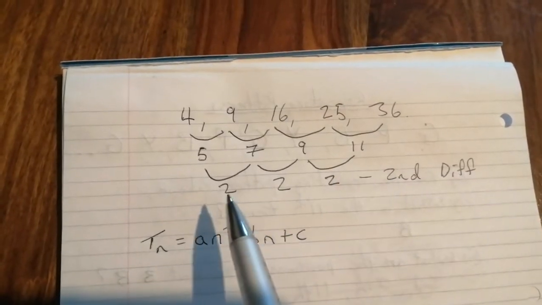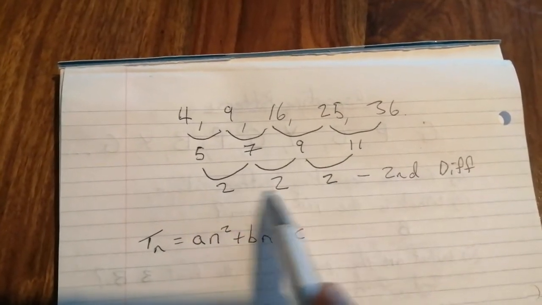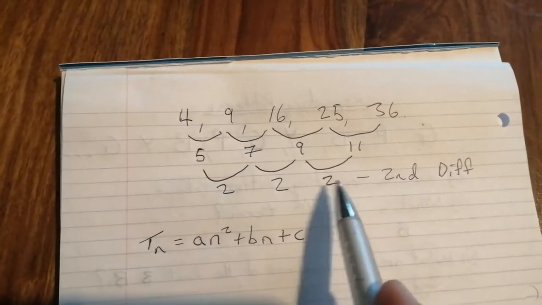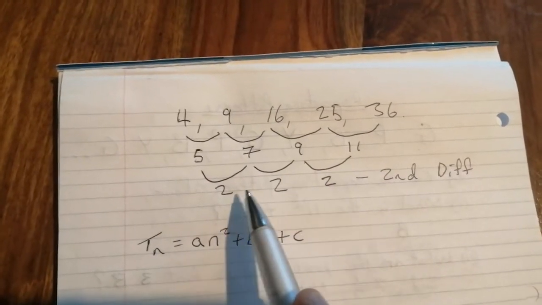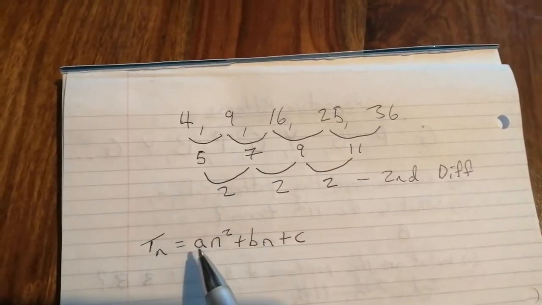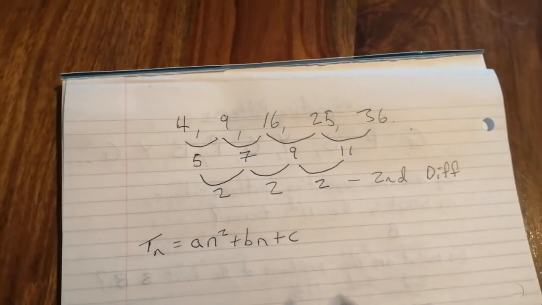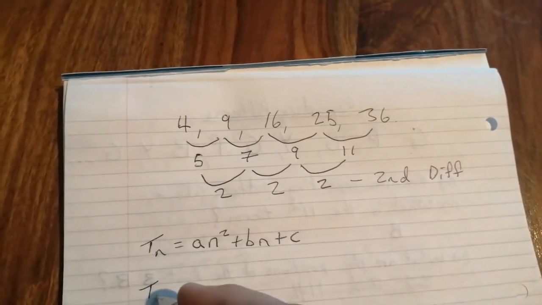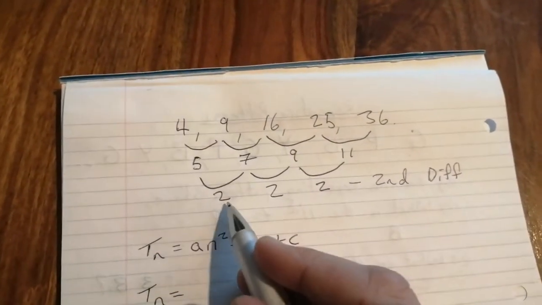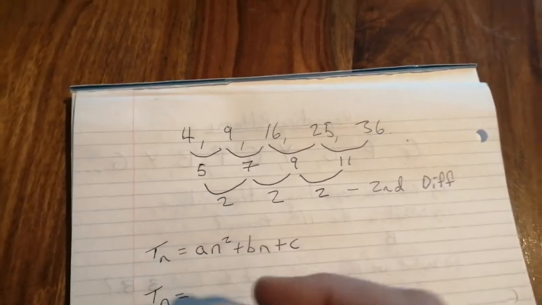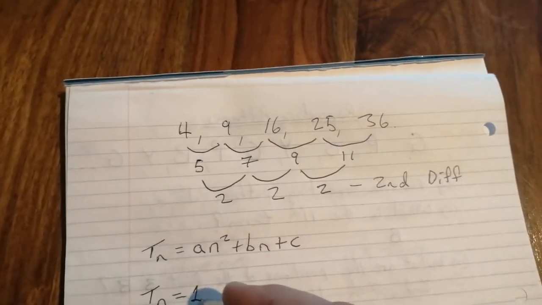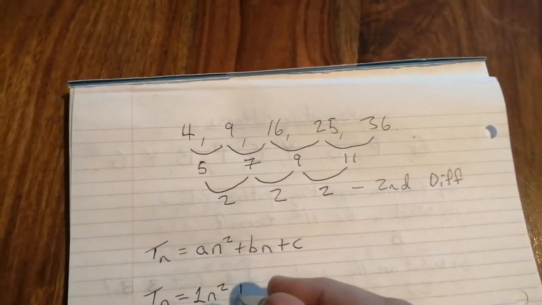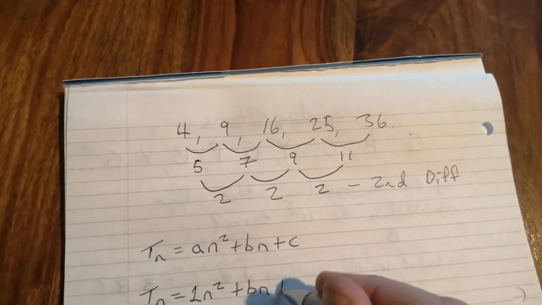However, step 2 is to take the constant, the common second difference if you like, and divide it by 2, and that gives us our a value. So we can do the second step and say that term n is equal to 2 divided by 2 goes in once, so it's 1n squared plus bn plus c.